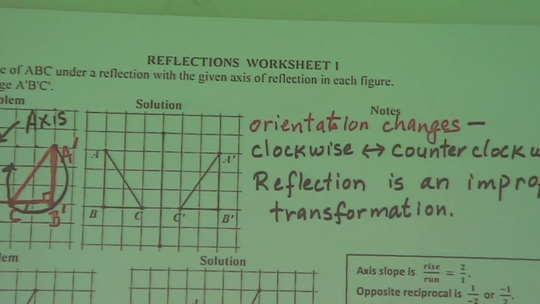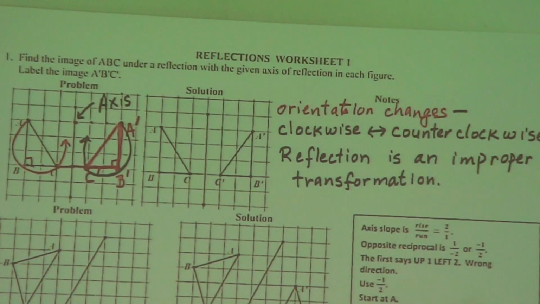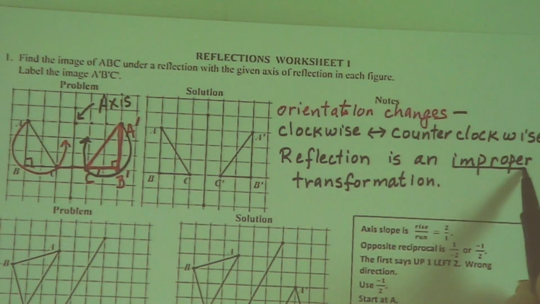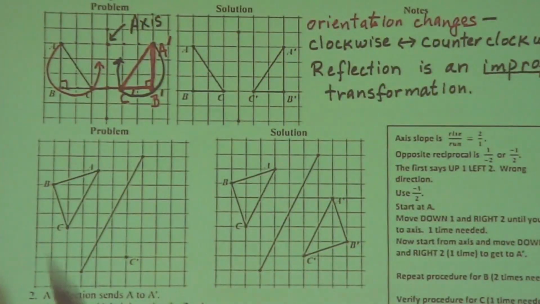Okay, so we call these transformations. Reflection, rotation, and the other ones. So it is an improper. Why is it improper? Because orientation changes. Okay, let's go on to number 2.